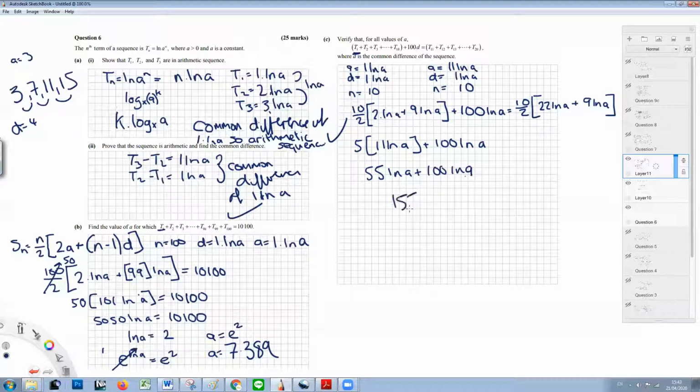So that's going to be 155 ln of A, and I should end up with that over here.